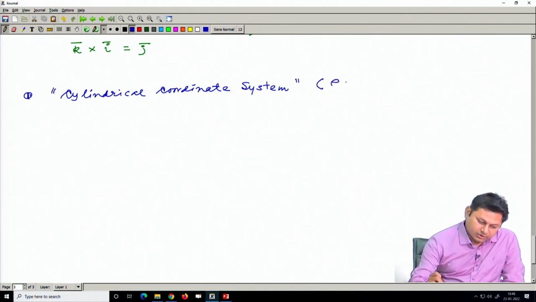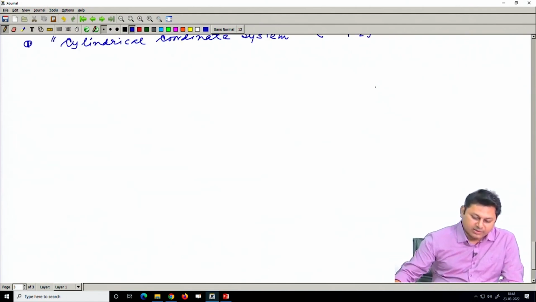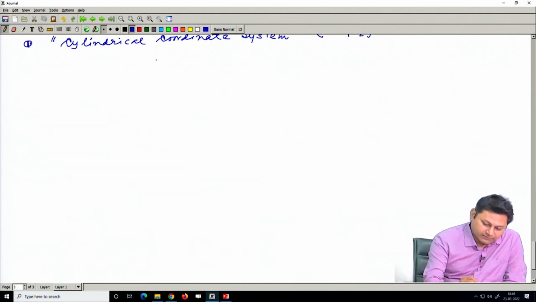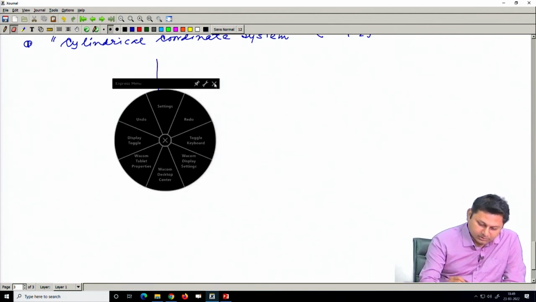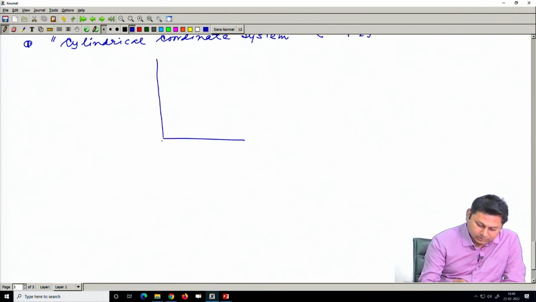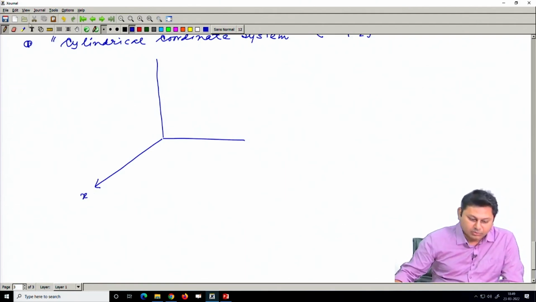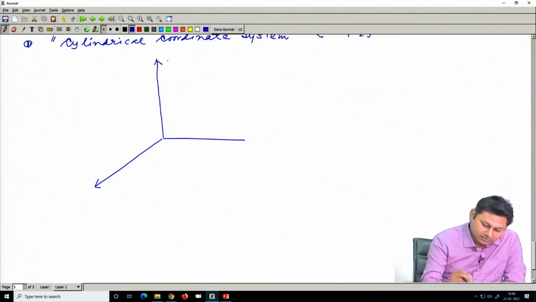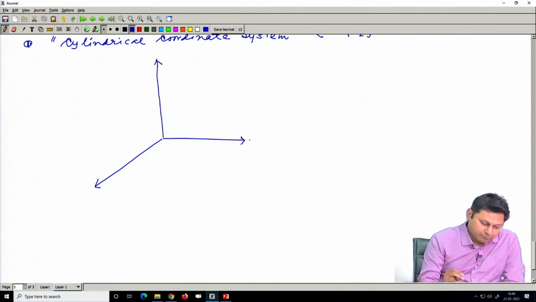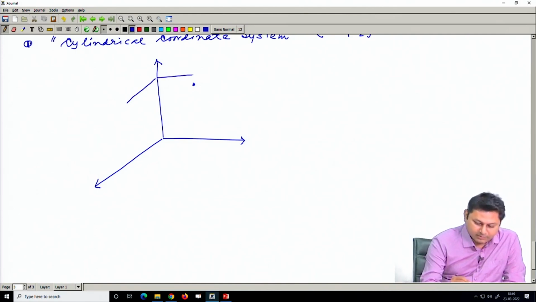Normally we call it a rho phi z coordinate system. In the rho phi z coordinate system, if I want to define a point, I have x here, not x, now we are not dealing with x y z, rather I just make it like this, and then a point here should be like over a cylinder.